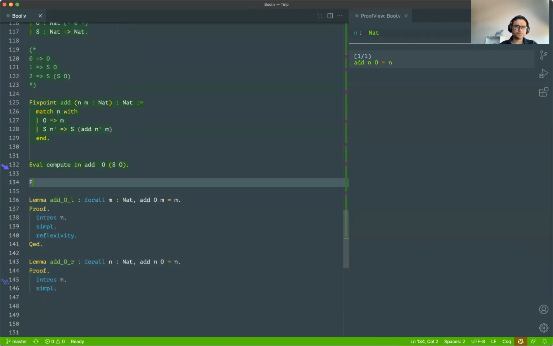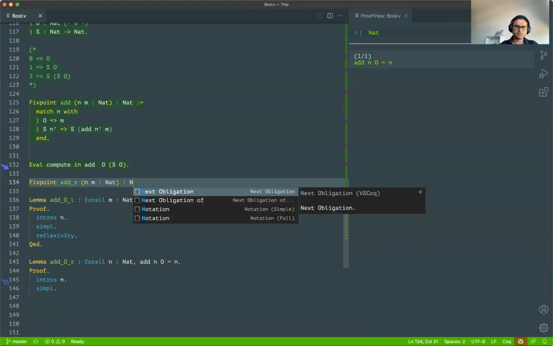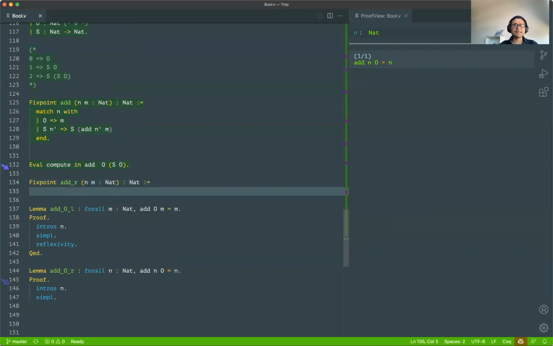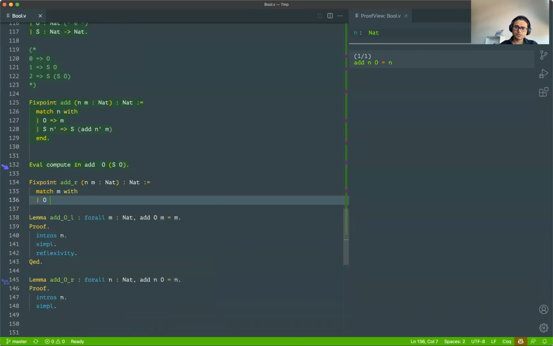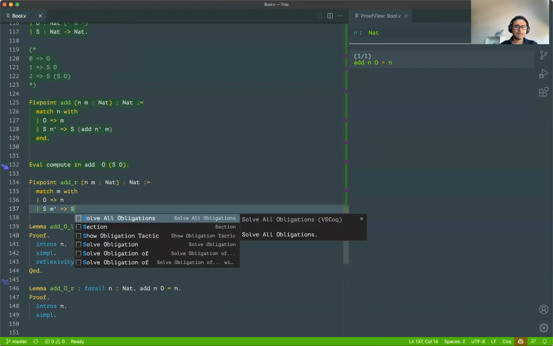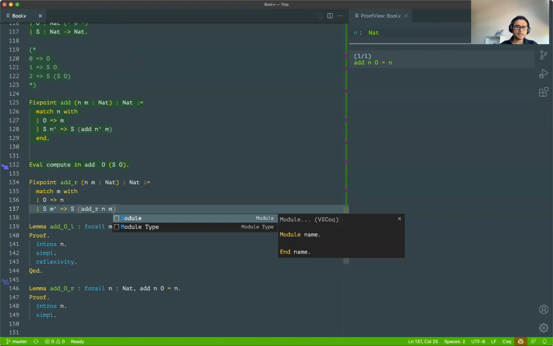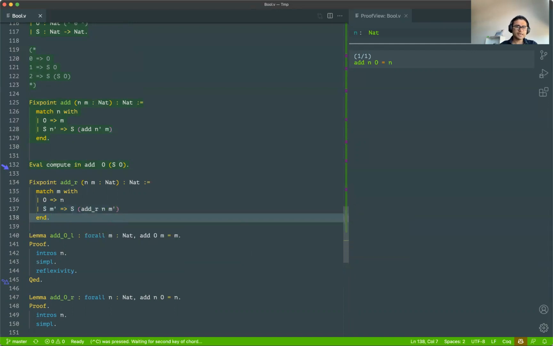I'm going to write Fixpoint add_r n m of type nat, and rather than pattern matching on n, I'm going to pattern match on the second argument, which is m. So if m is 0, n plus 0 is n. And if it's S m prime, then I give S (add_r n m prime).